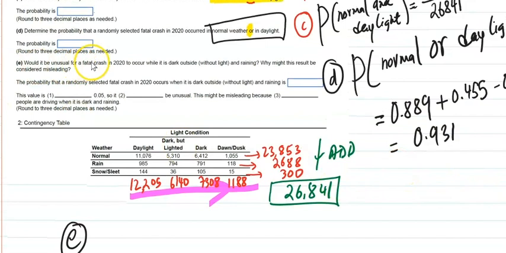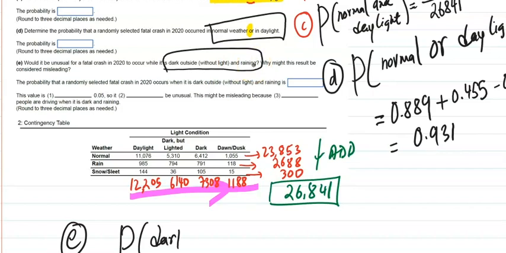Part E, the last one. Would it be unusual for a fatal crash in 2020 to occur in the dark outside and raining? So the probability of dark and raining. That's what I'm looking for. Notice the "and" here. How many fatal crashes occur in the dark outside and also raining?